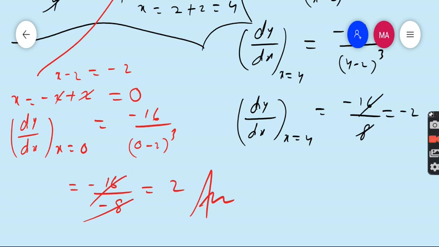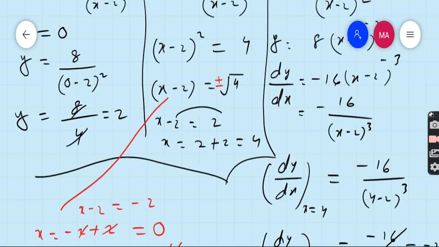Now the question is, which answer is acceptable, 2 or minus 2 or both? The question will tell us which answer is acceptable.